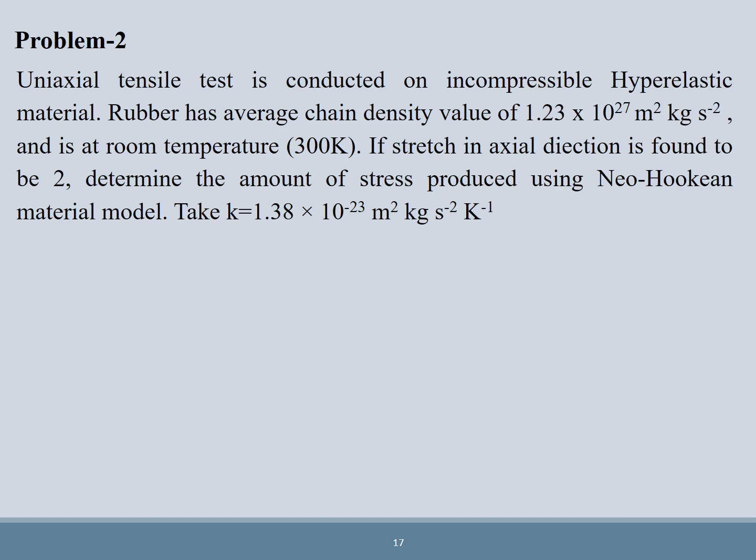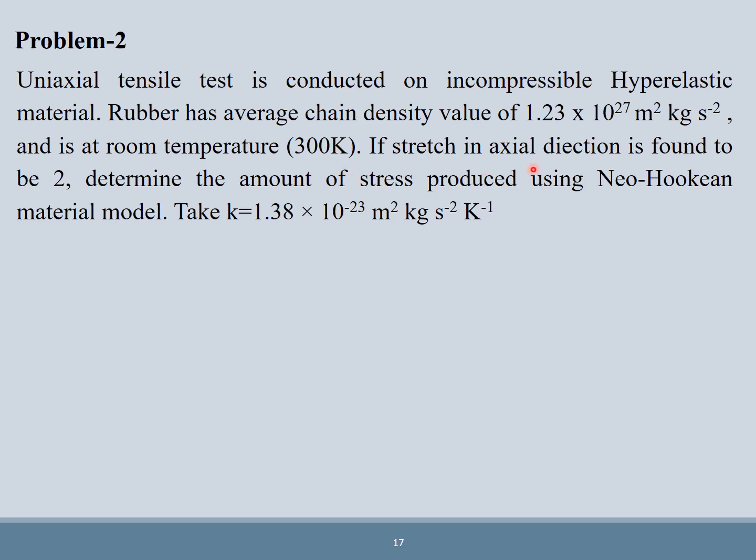Now looking at the last problem of the lecture. A uniaxial tensile test is conducted on an incompressible hyperelastic material. Rubber has an average chain density value of 1.23 10^27, and it is at room temperature, that is 300 Kelvin.